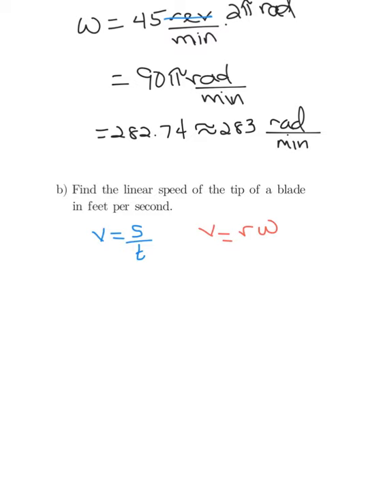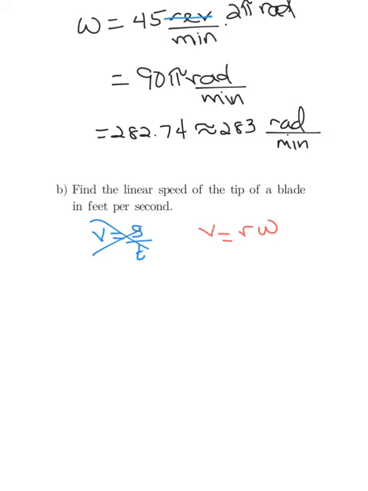So what we have to do is think about what kind of information we are given in this problem. In order to use V equals S over T, you must know something about arc length. Nowhere in the setup of our problem do they tell us anything about arc length. So this formula is out.